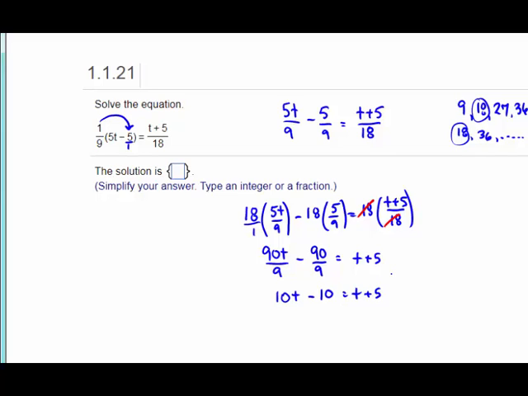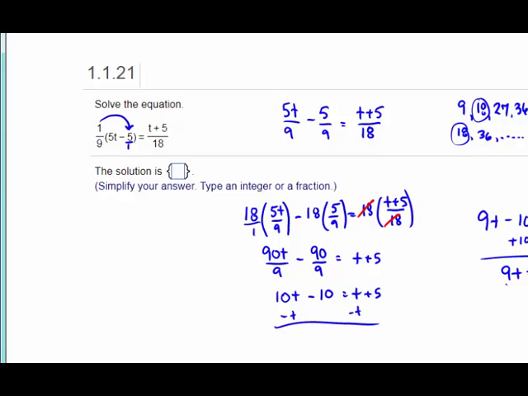And now that we have a regular linear equation with no fractions, our goal is to get t by itself on one side and everything that doesn't have a t on the other side. And so I'm going to begin by subtracting a t off of both sides of the equation. It's going to give me 9t minus 10 is equal to 5. Then I'm going to add 10 to both sides, which gives me 9t is equal to 15.